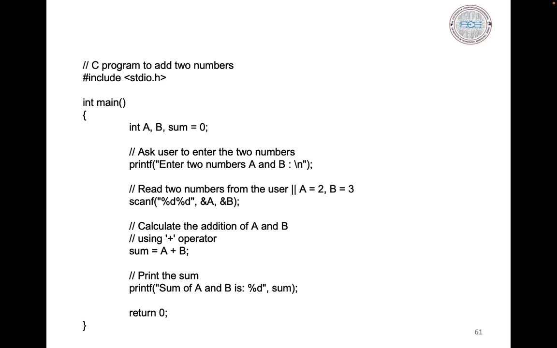So the two values are read. Calculate the addition of a and b using the plus operator, that is sum is equal to a plus b. Print the sum by the statement printf sum of a and b is %d, sum, return 0. So these are some of the example programs for C programming basics.